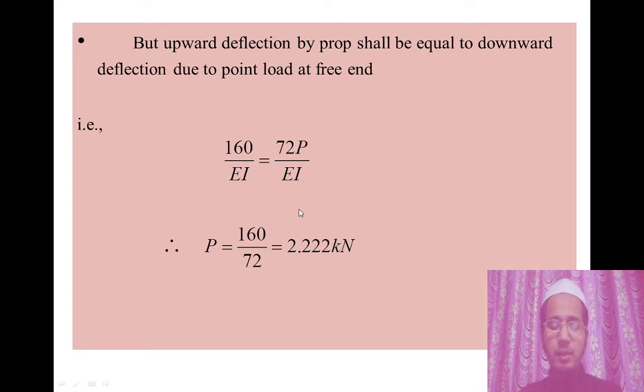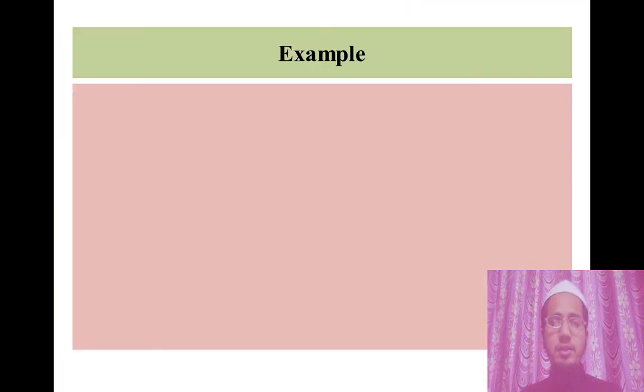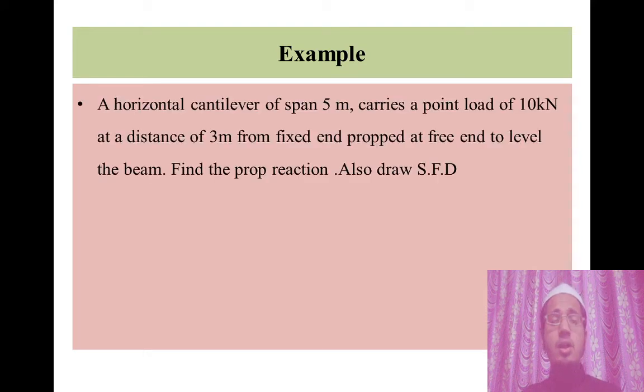Okay, let's move towards the second numerical, in which we will discuss how to draw the shear force diagram and how to obtain shear force calculation at different points. So here there is a numerical. A horizontal cantilever of span 5 meter carries a point load of 10 kilonewton at a distance of 3 meter from the fixed end, and is propped at the free end.